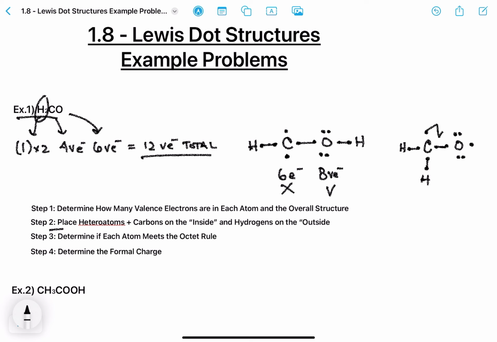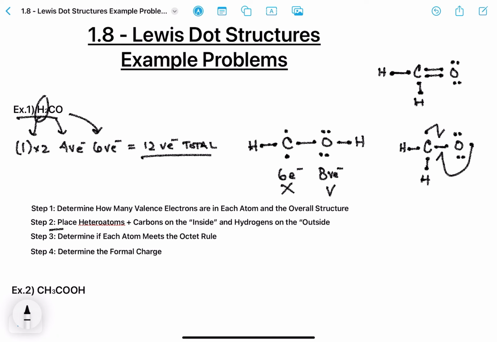I'm going to take this electron and that electron to form a bond, and we'll move up here. That would leave a double bond to oxygen. It's got its lone pairs, and both H's are bonded to the carbon.